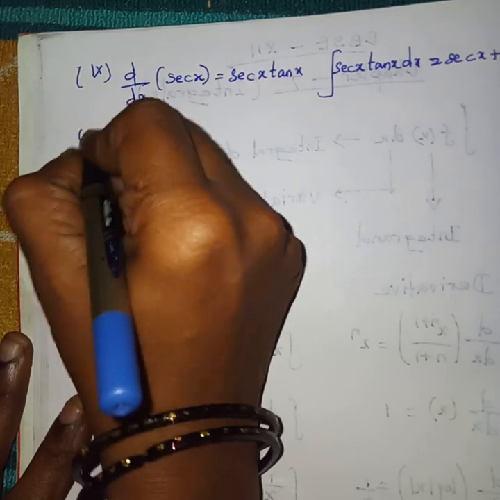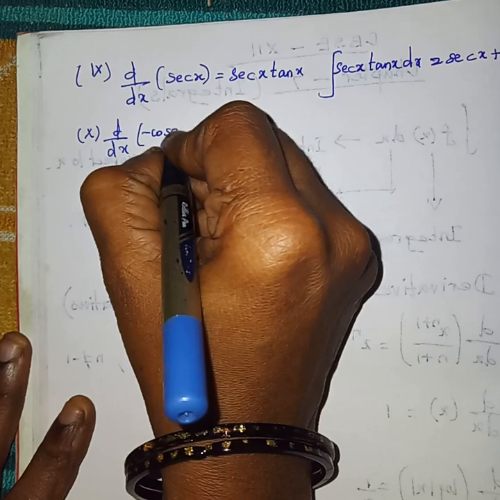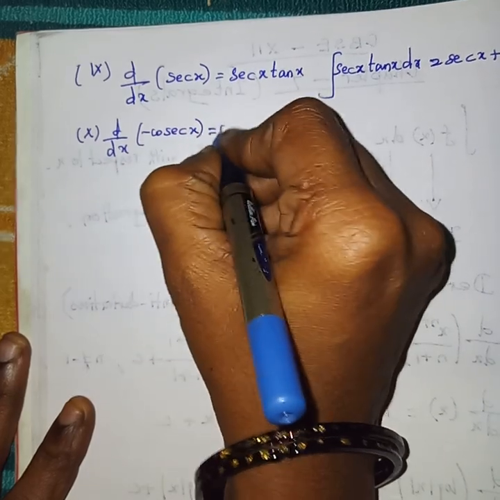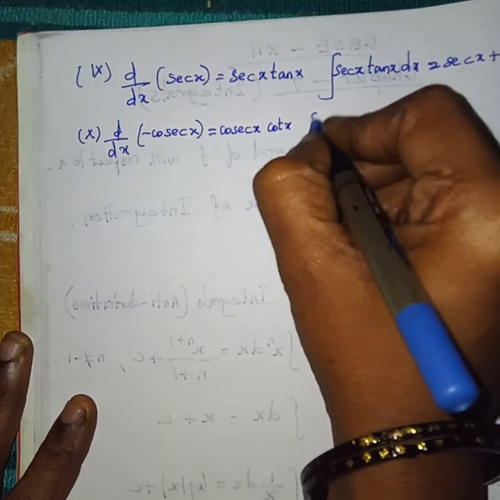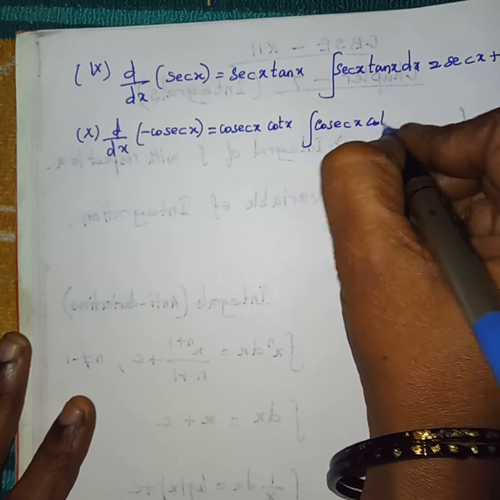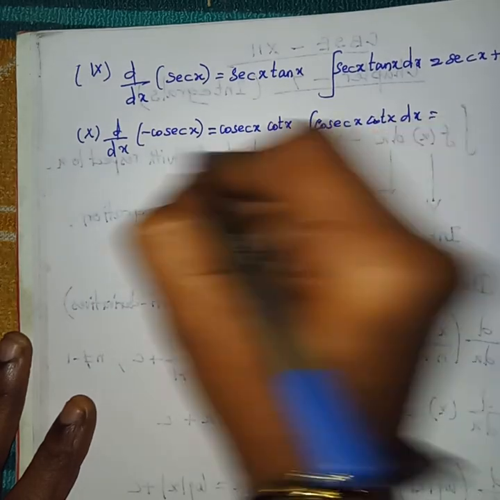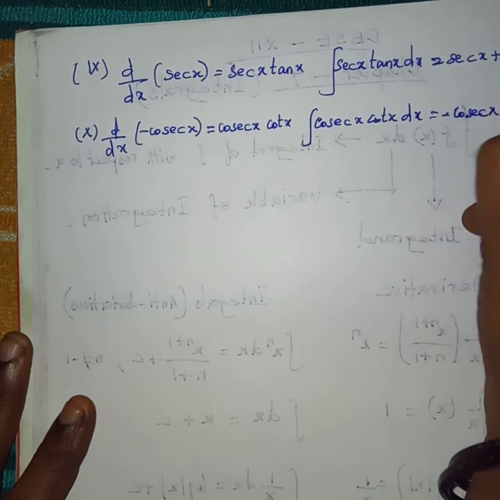The tenth: d by dx of minus cosecant x is cosecant x cot x, so the integral of cosecant x cot x dx equals minus cosecant x plus c.